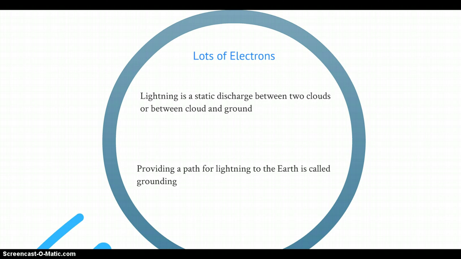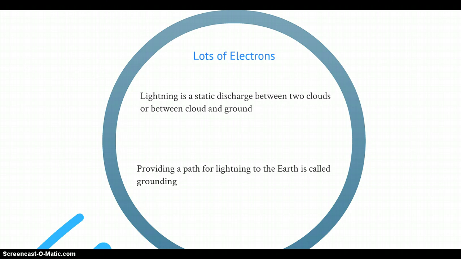So lightning is just a static discharge between two clouds, or between the cloud and the ground. You can also have lightning that goes from the ground to the cloud. It can actually rise from the earth and go up to the clouds. Now, in order for that to happen, if you think about what you've learned so far, it's pretty simple.